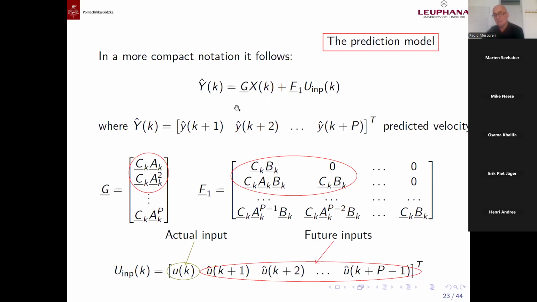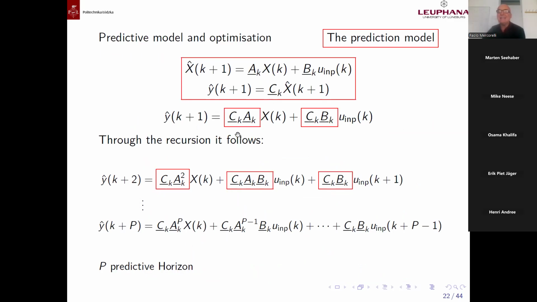What is G in this form? It is the matrix which multiplied by x gives us the contribution of x in this expression here. Basically, I'm translating these expressions into the matrix form.